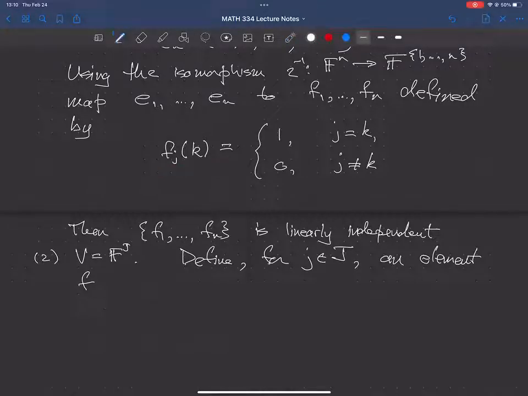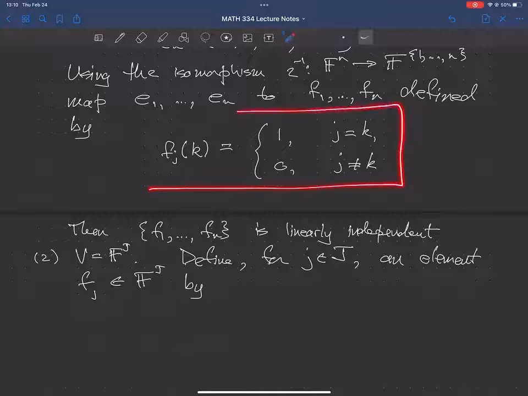So fj is going to be an element of this space, F to the J. And remember, all that means is that it's a mapping from J into F. All right, so I need to tell you what fj does. And it looks exactly like that.